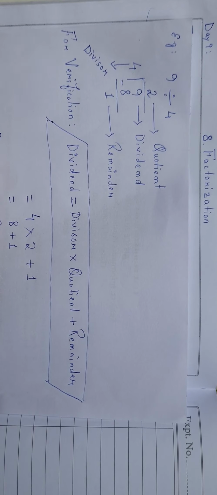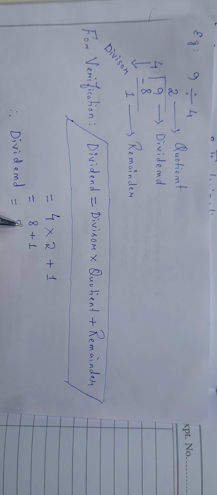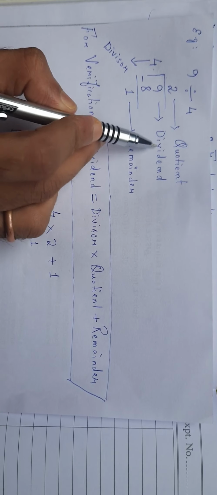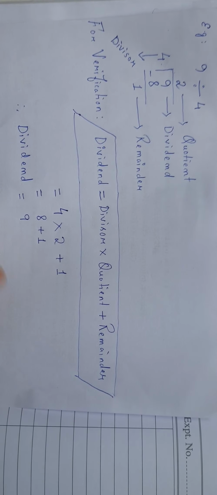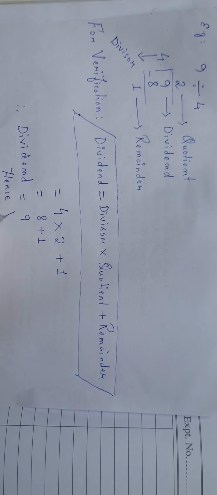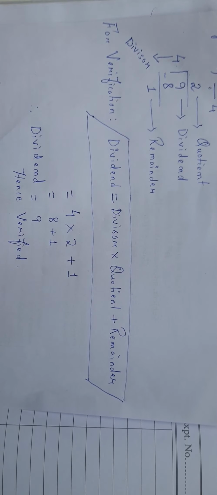Therefore, dividend equal to 9. Here also we see that the dividend is 9. So that means we have verified our division. Hence, verified.